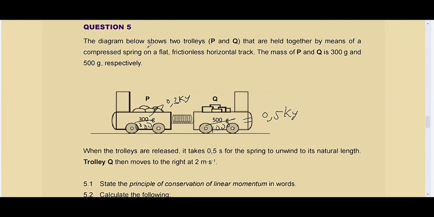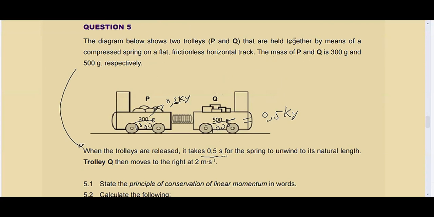When the trolleys, look at this, you see they're repeating that thing with the statement below the diagram. When the trolleys are released, it takes 0.5 seconds for the spring to unwind to its natural length. Trolley Q then moves to the right at 2 meters per second. In terms of which statement has more information, the statement below the diagram holds much information that will help us in our calculation as compared to this.